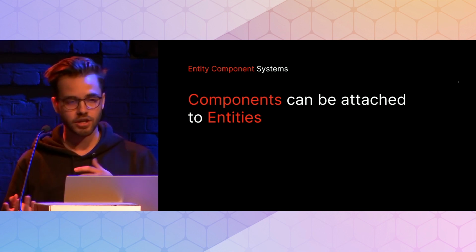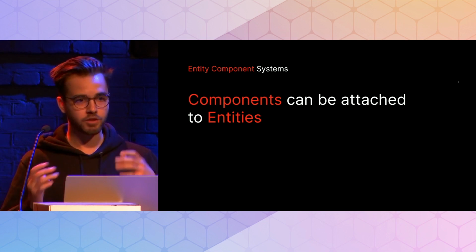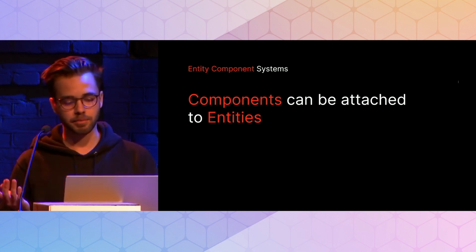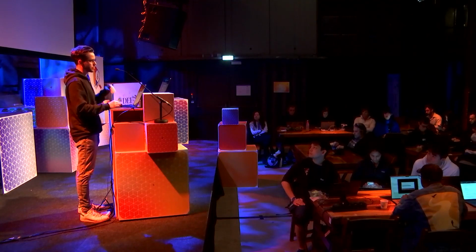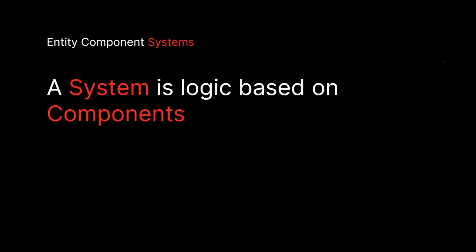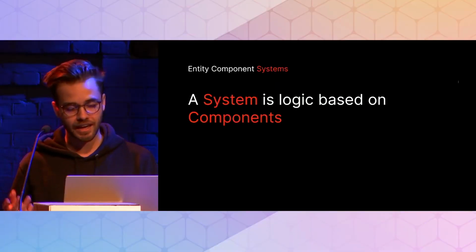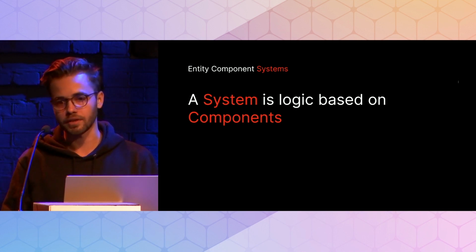Components can be attached to entities to give these entities these capabilities. And how this works is just adding this ID to this component, basically, to say, okay, this entity now has this component. And then there's systems, and systems implement the logic of these entities, or better to say, of these components, because systems act on the components, they don't care about the entities.